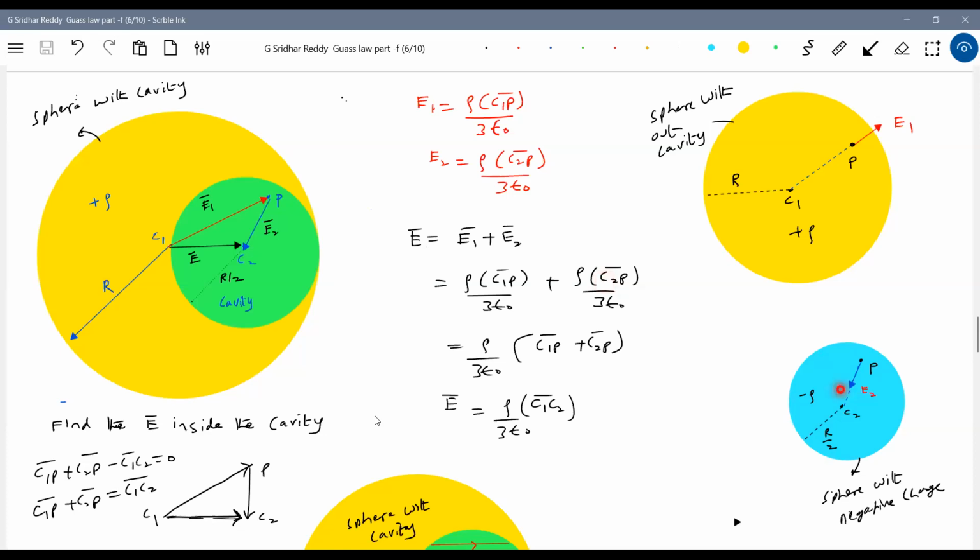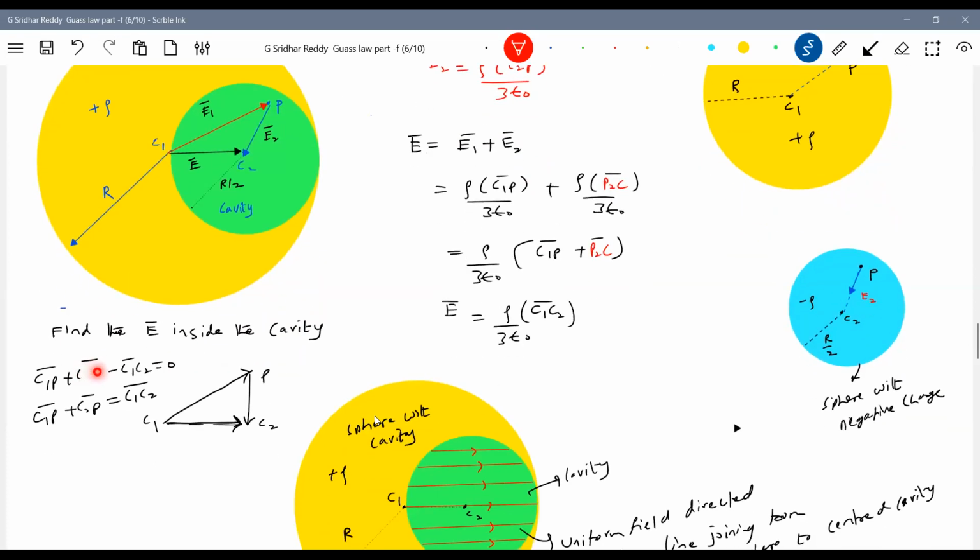Agree with this? Here in the vector diagram, negative charge. Some correction I'll make. Here I didn't write properly. P2C bar it is. Symbols I didn't write properly.